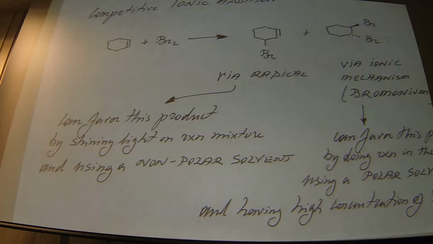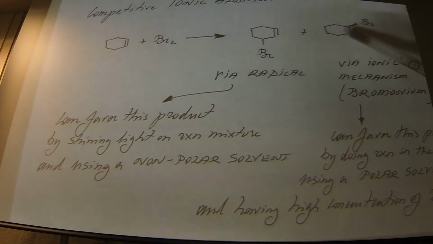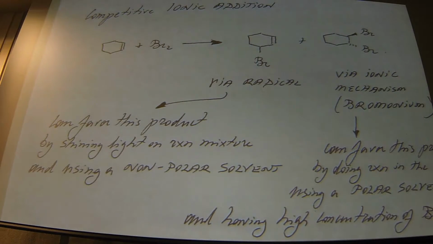So it's bimolecular, it has second order kinetics. In other words, the rate depends on two concentrations, concentration of alkene and concentration of bromine. That's because in the rate determining step for the ionic reaction, you have alkene and bromine coming together.